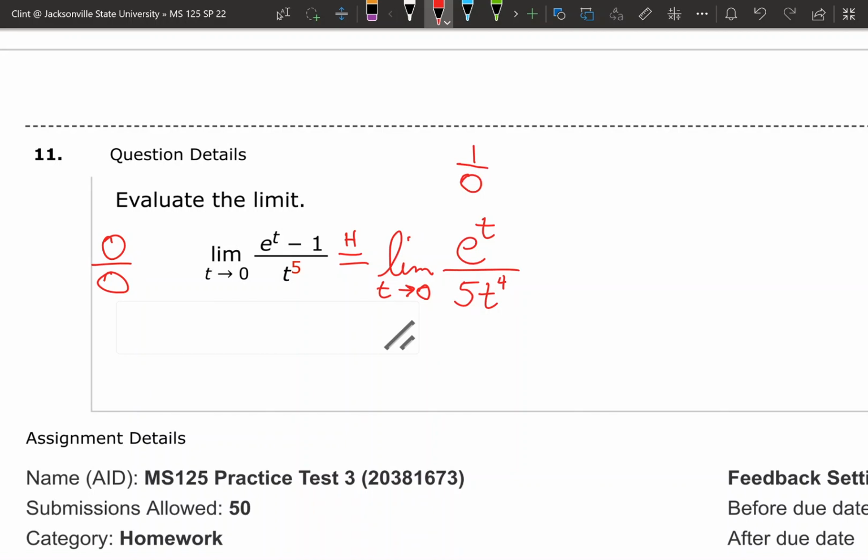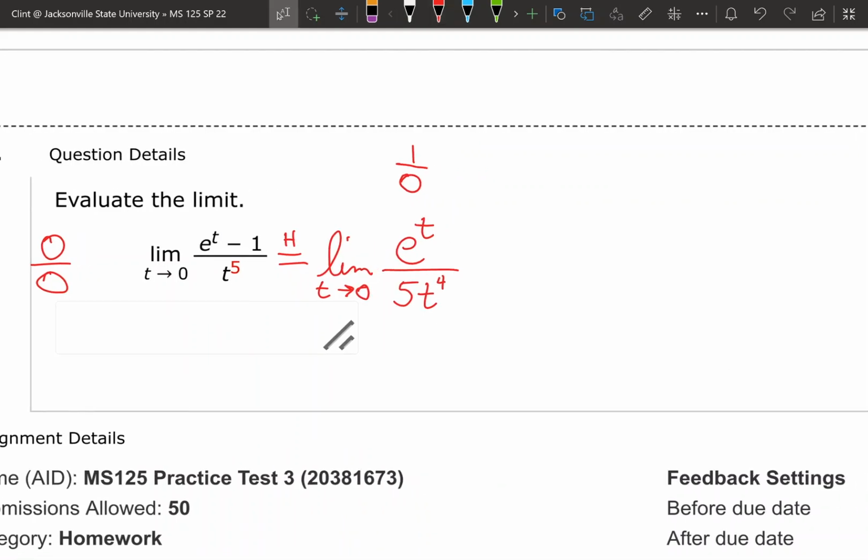Okay. So remember the graph here. Unless I'm missing something on this one, I think we should have a from the right on this.